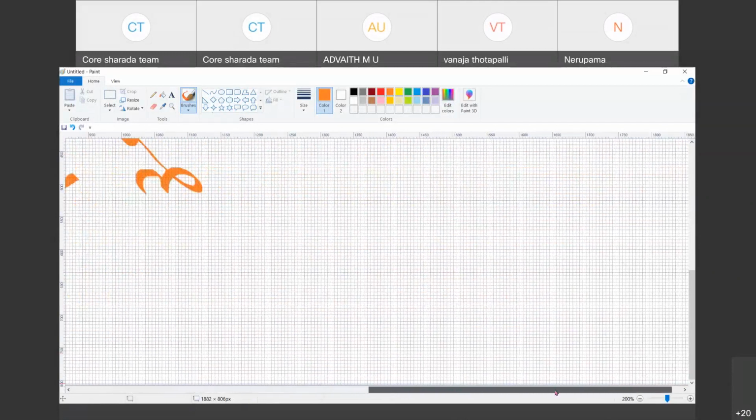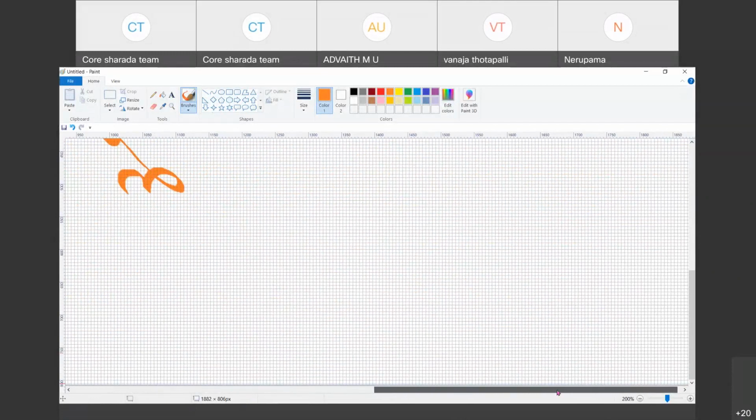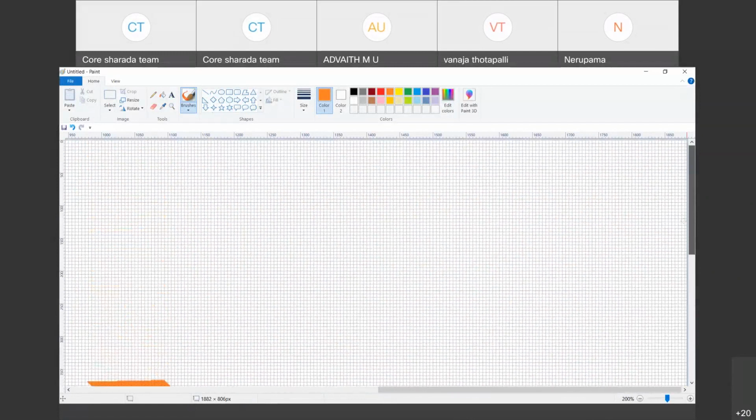So what I'll do is I will just draw all the three one more time. So the first one I'll draw here. I'm drawing it with a non-calligraphy pen.